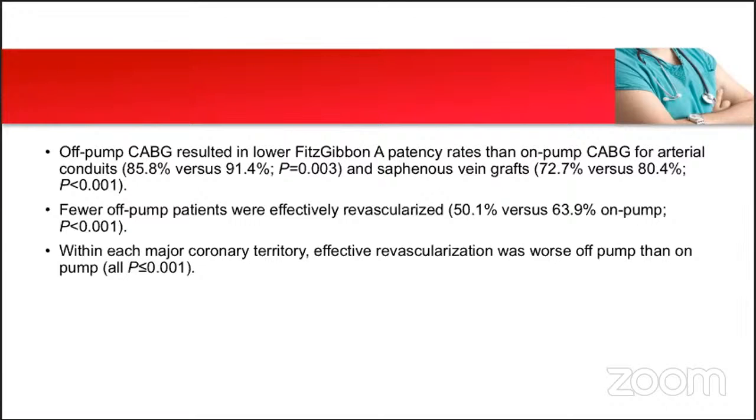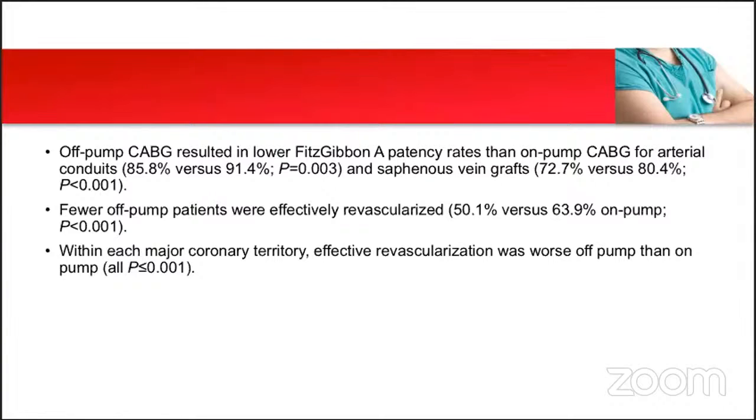And also fewer off-pump patients were effectively revascularized, 50.1% versus 63.9% in the on-pump with a p-value of less than 0.001, and within each major coronary territory, effective revascularization was worse in the off-pump than on-pump.